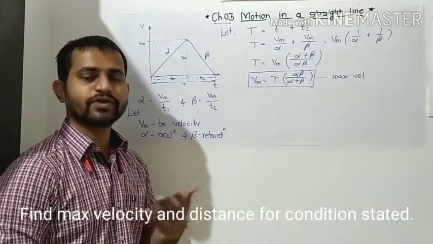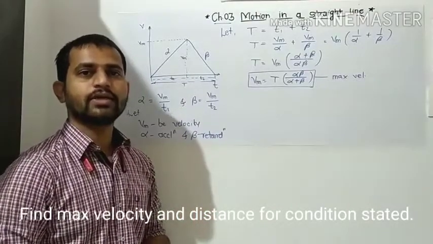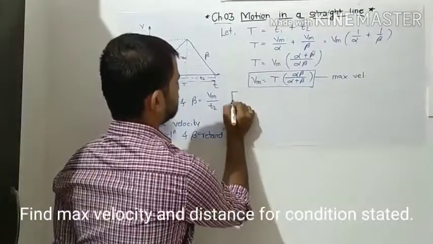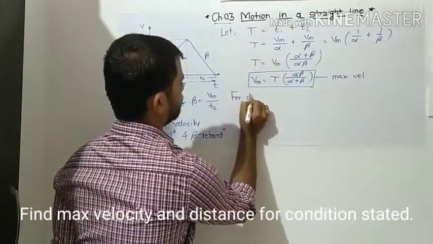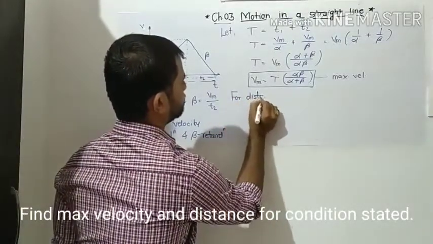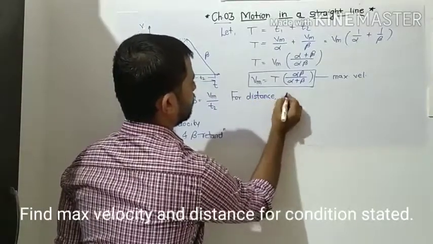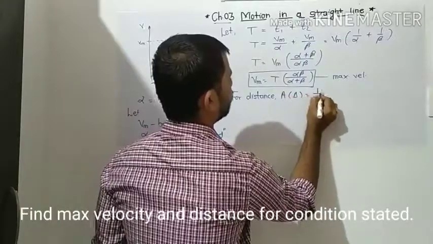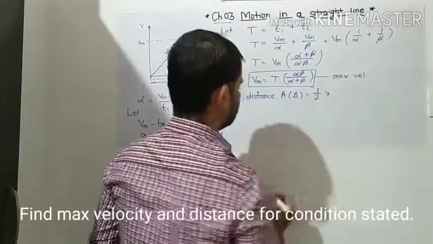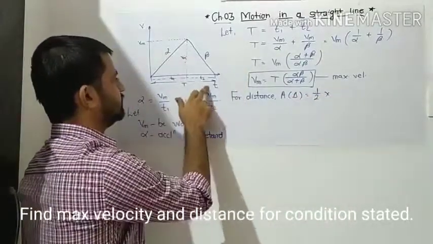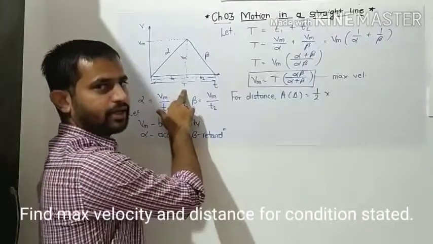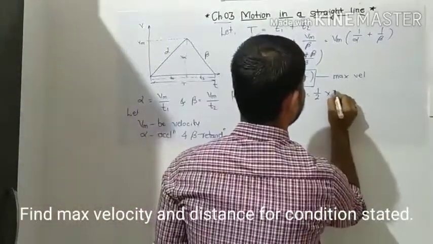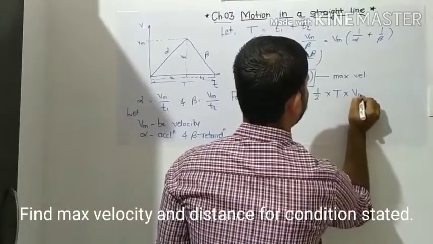So for the distance, we can use the formula for the area of a triangle, which is 1/2 base into height. The base is the capital T, and the height is Vm.